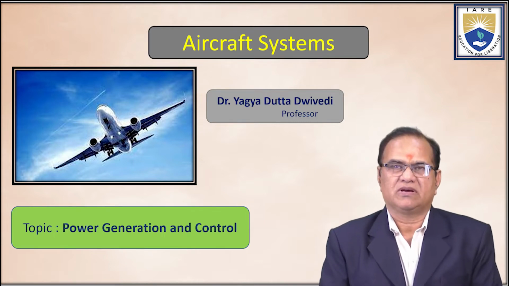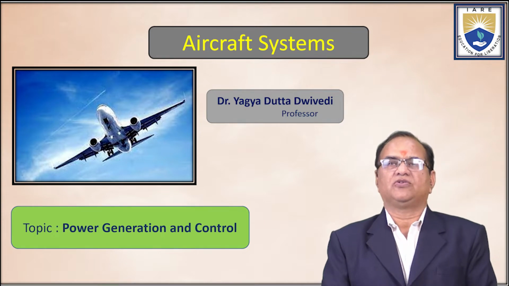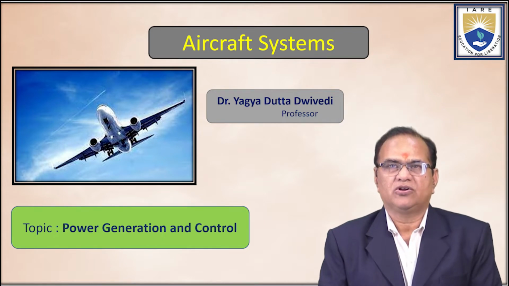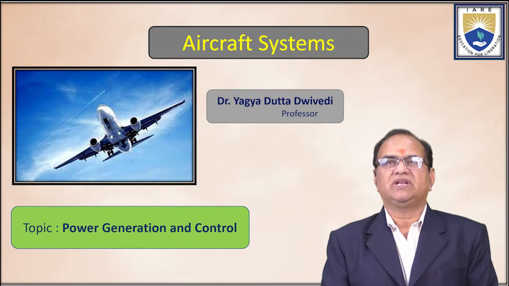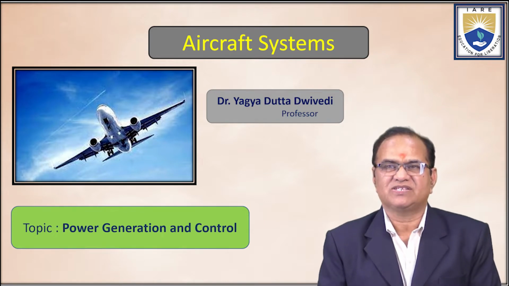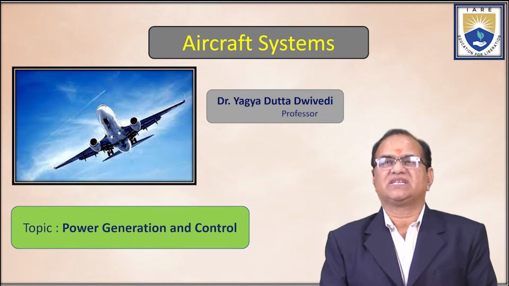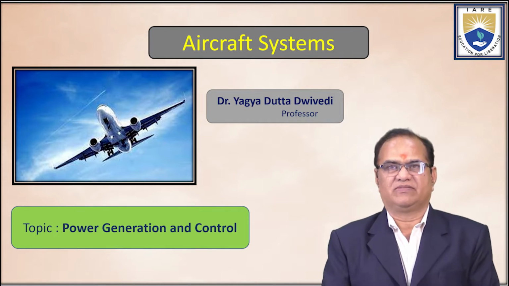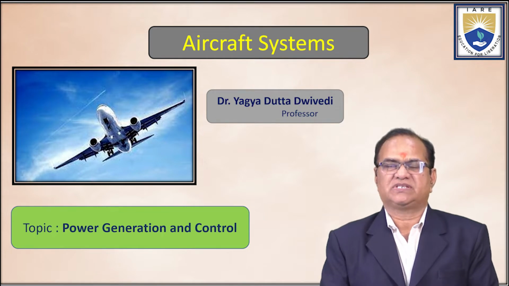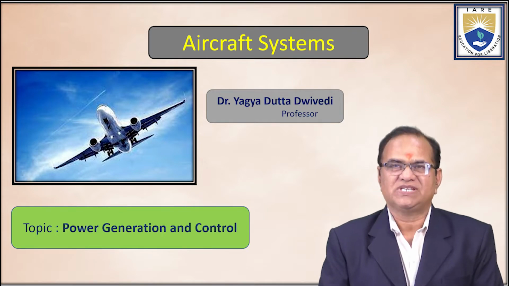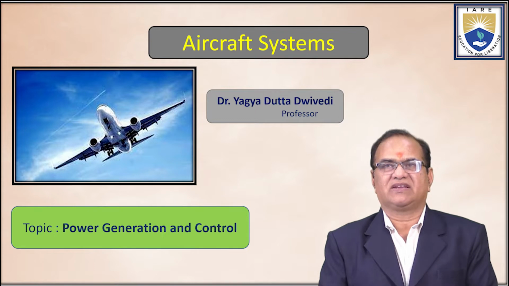Here I am in module 2. This module 2 is basically related to the aircraft electrical systems, firefighting systems, refrigeration and air conditioning systems and all. But first, it focuses on the aircraft electrical system.